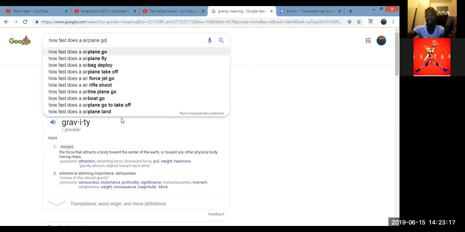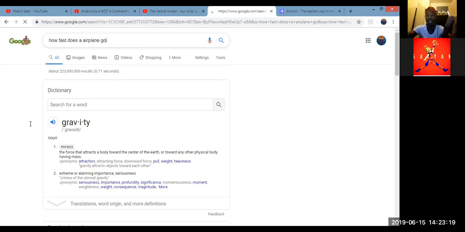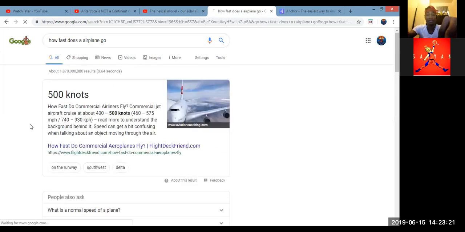Planes go about 400 to 575 miles per hour. You tell me, how can a plane catch up to its destination if the Earth is going twice as fast as it?